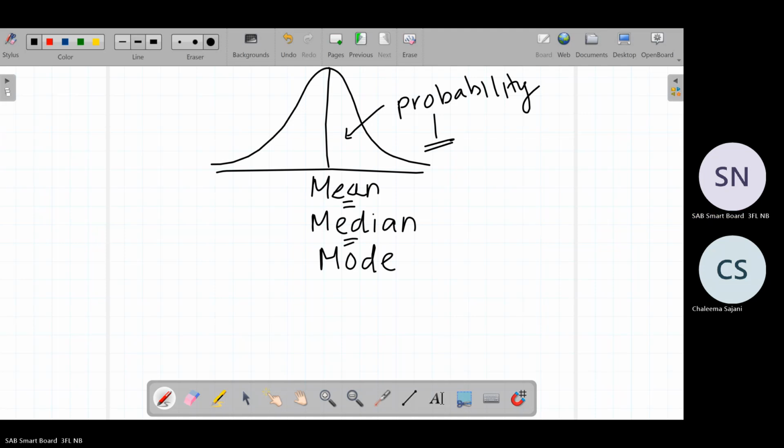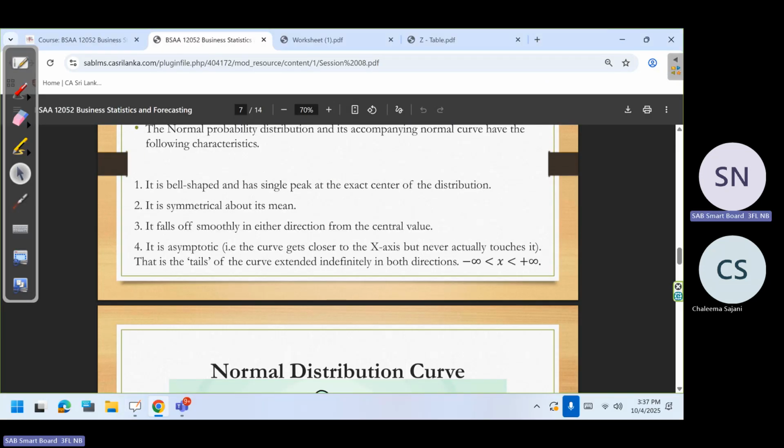Is it clear? Then the other one: this normal curve does not touch the x-axis.